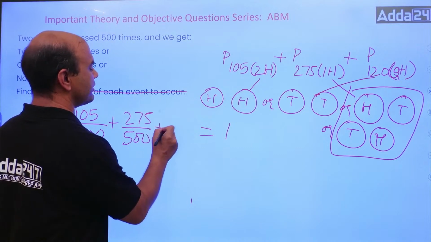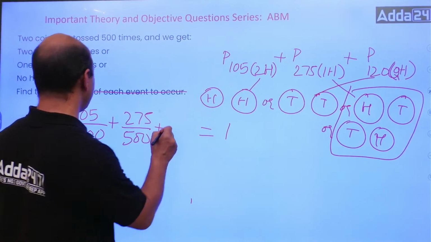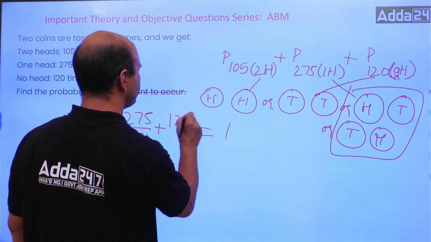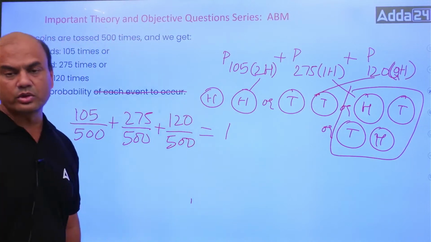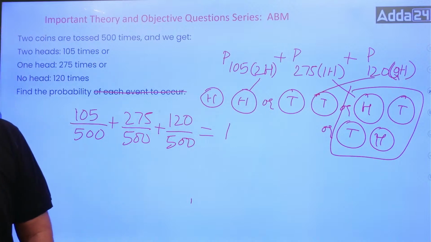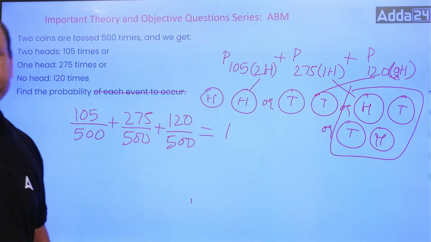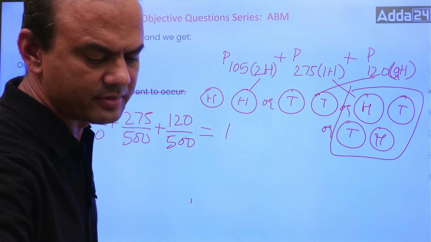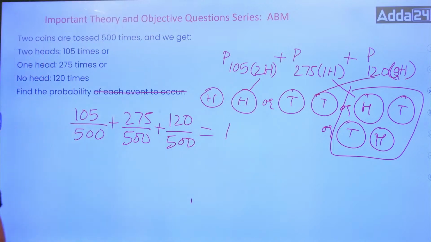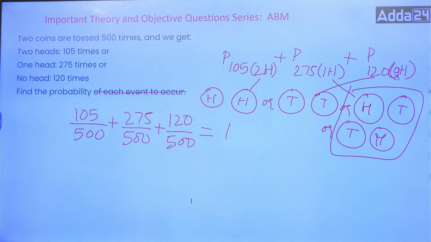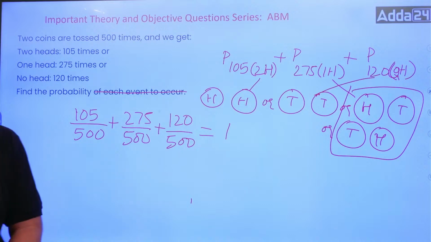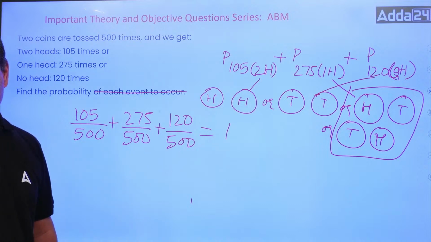And third, what is the probability? 120 upon 500. Okay. Do the total of each, divide it and get the total of each. You will see the answer. Find the total of each, everyone.